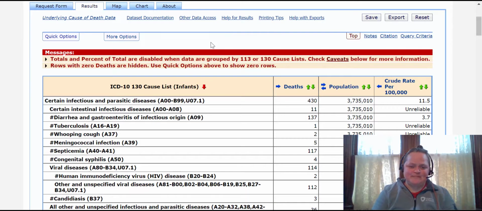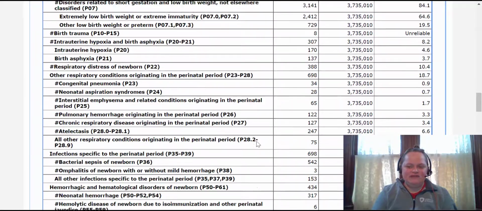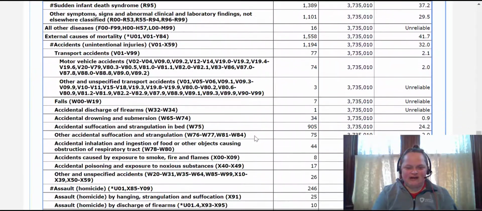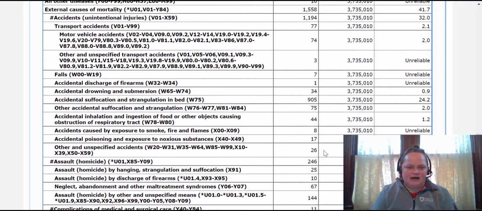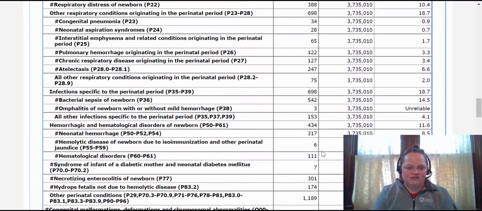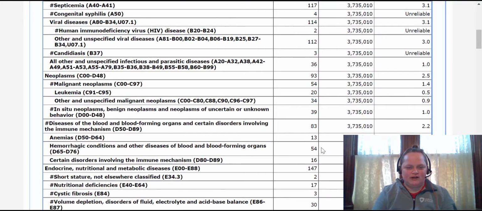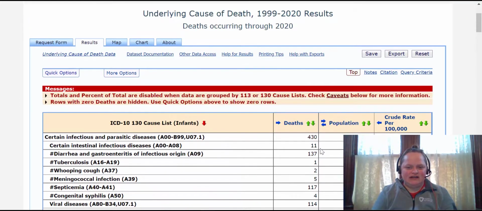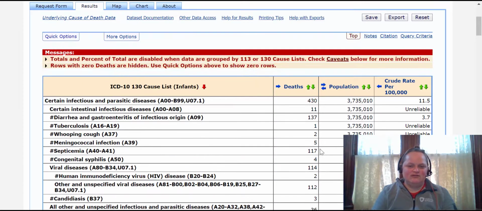Okay, so this is the infant mortality. So this is for all the deaths for those under age 1 year in 2020. And they have their own special list. Someone was asking me, I didn't use this. You can use the 113 list on infants. The 130 cause list can only be used on infants for the request.